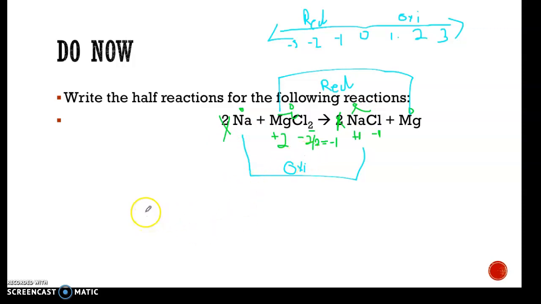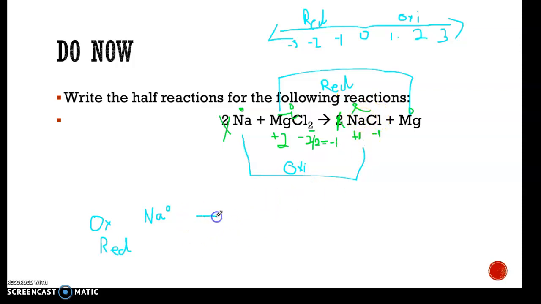Now, Na, we're going to go from left to right with our half reactions. So, we're going to do the oxidation first, and then we're going to do the reduction next. Na on the left has 0, right? That's the oxidation state we gave it. And then Na on the right has a +1.